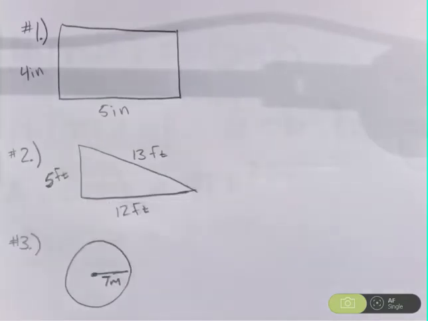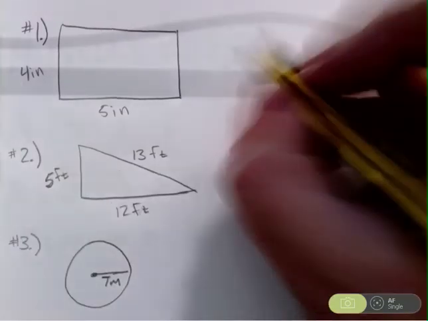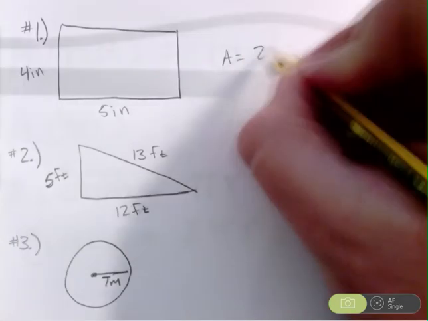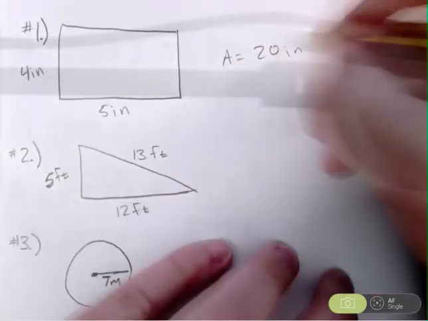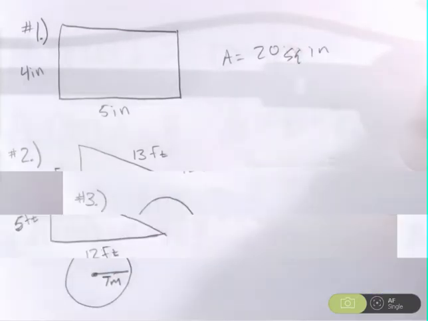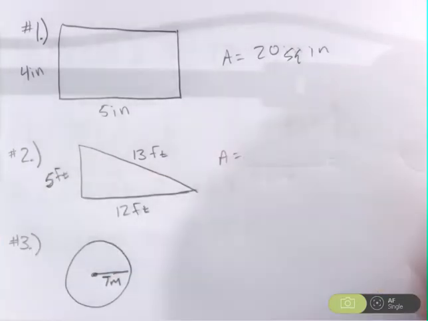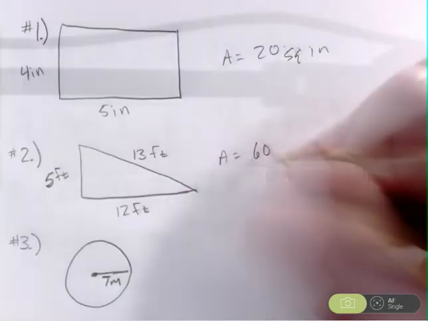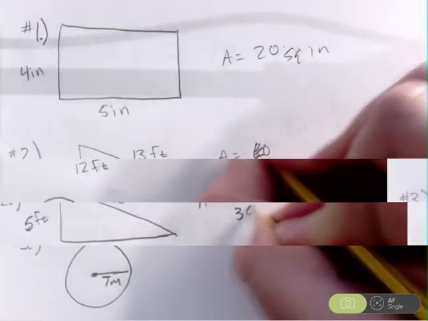Now that you've unpaused, here your area is going to be 20 square inches. Here your area is going to be 30 square feet.